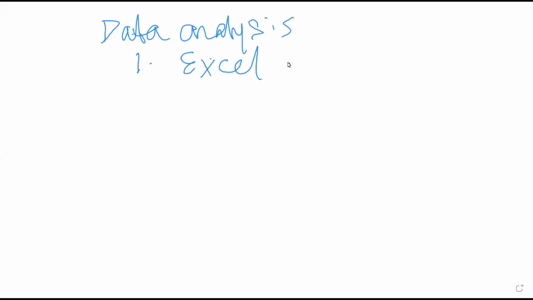Once you have mastered Microsoft Excel to an extent, then you can go into SPSS, because most of the jobs in public health require a basic knowledge of Excel and a basic knowledge of SPSS. Okay, then if you also want to get more skilled in terms of the job market, I would recommend that you learn R.